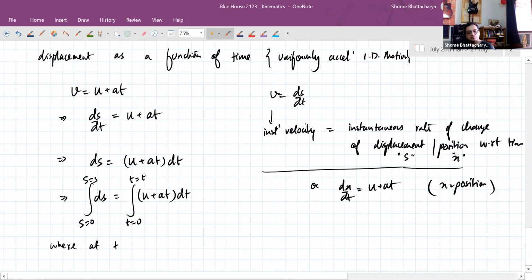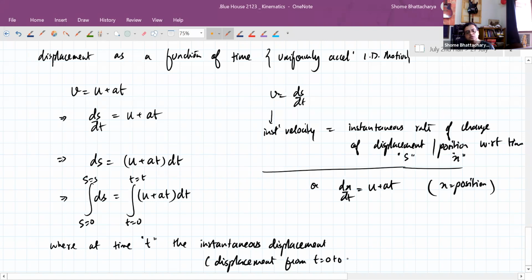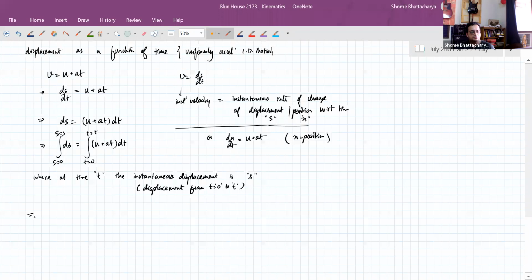At time t, we can say the instantaneous displacement, that is the displacement from t equal to 0 to t, that particular time interval, is s. So that is the explanation of the upper limits. So the left hand side just becomes s from 0 to s.